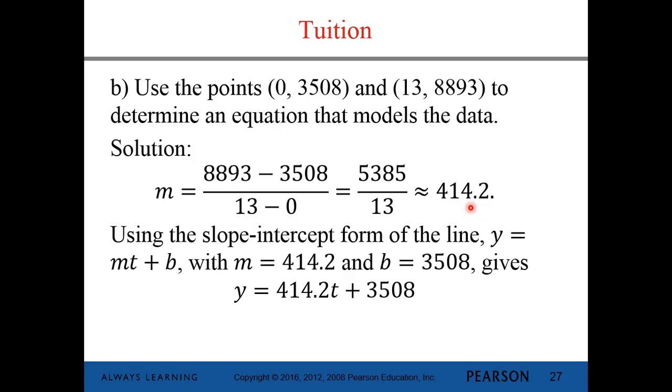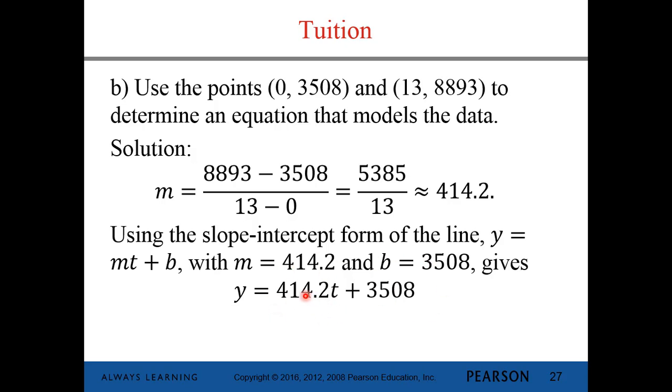Now using the slope-intercept form, we have y equals m times t, where t is time, our variable, plus b. We know the slope already. The y-intercept is where t equals 0, and we have that one too, since it's one of our points. So we plug it into our formula, and the equation of the line that represents the relationship between time and tuition and fees is this equation right here.